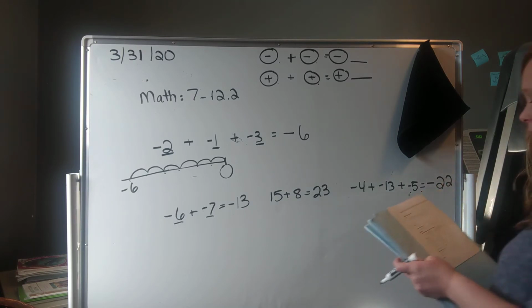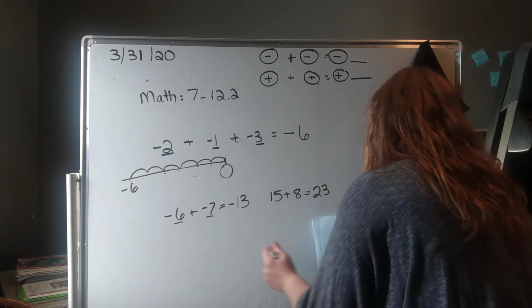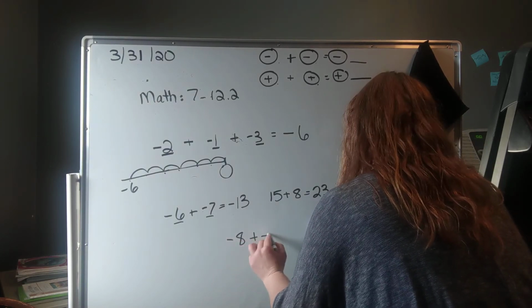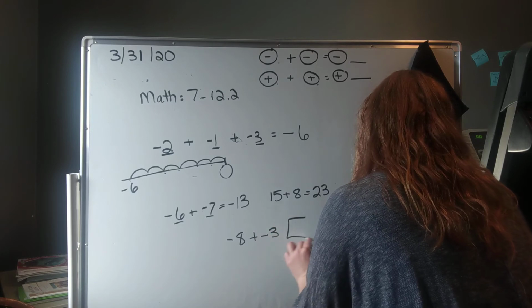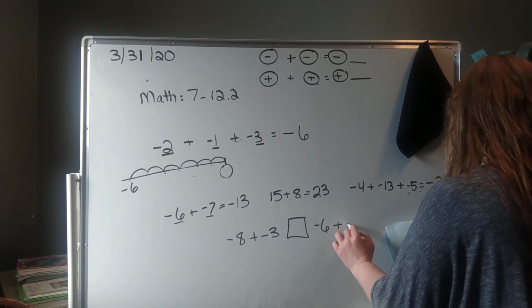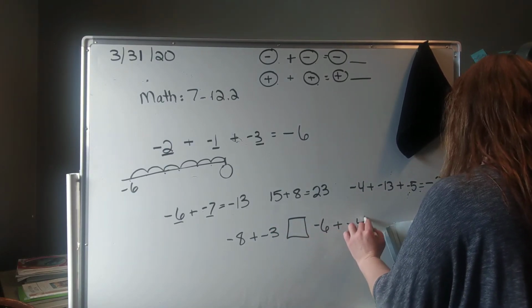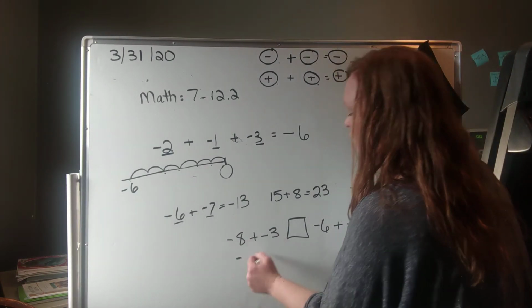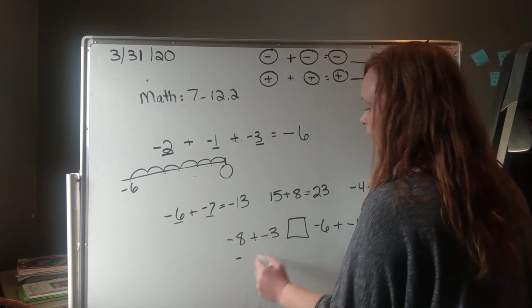If you look at the last skill check, we'll just do number 4 together. -8 plus -3 compared to -6 plus -4. Remember, that's greater than, less than, or equal. I see that I have 2 negatives, so my answer will be -8, 9, 10, 11.